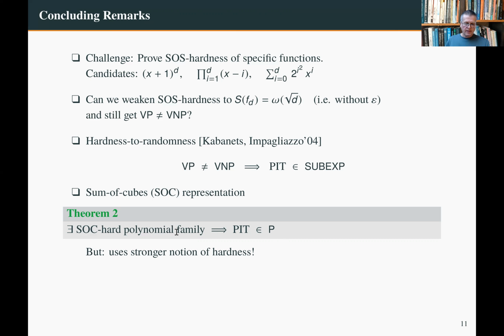It's in P. But what I hide here is that this actually uses a somewhat stronger hardness notion than in theorem 1. So here we are quite a bit away from the lower bound. So this really seems to be a stronger assumption, and we also get a stronger consequence. So it also implies VP different from VNP, but in addition, it completely derandomizes PIT. So this you can find in the paper. Thanks for listening.